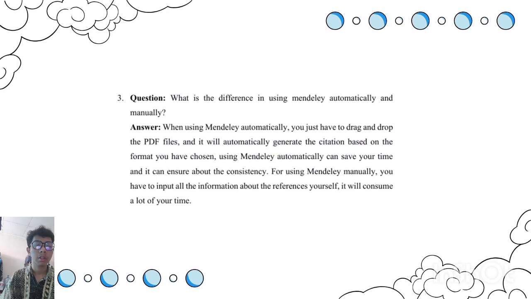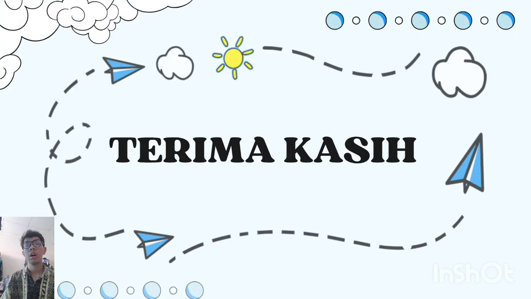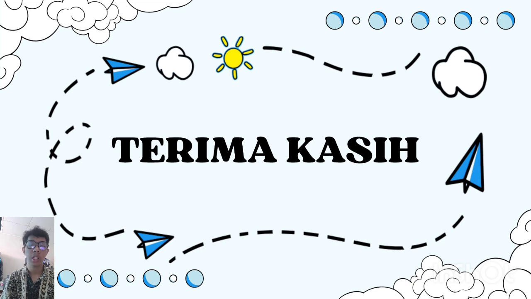So using it automatically can save our time, but if you do it manually, you have to input all the information about the references yourself, and it often consumes a lot of your time. So choose your decision.